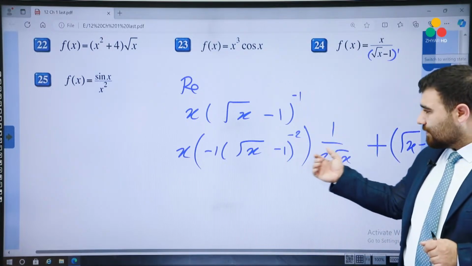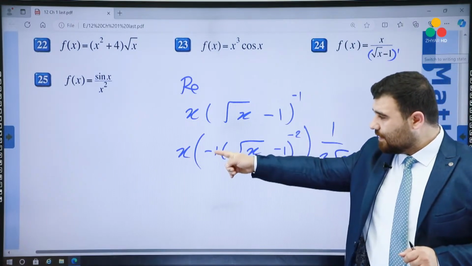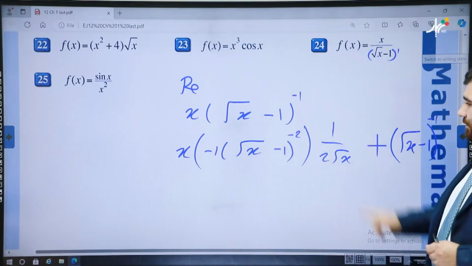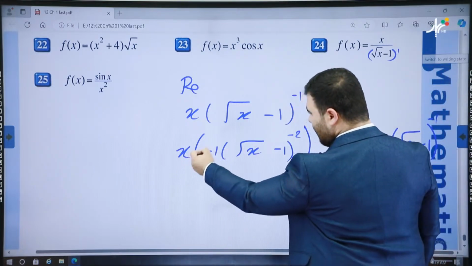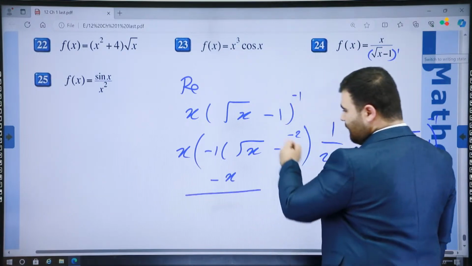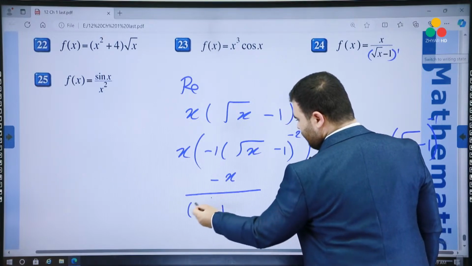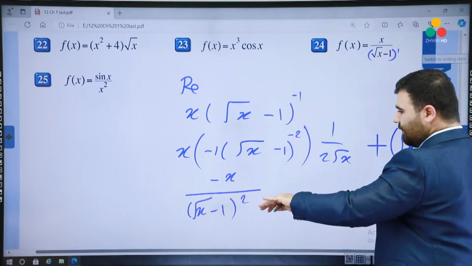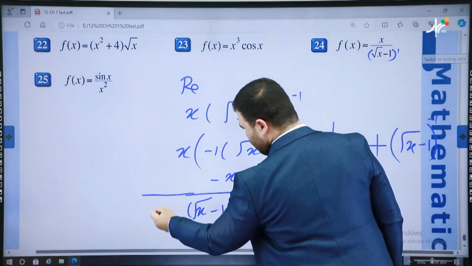This one is already a fraction. This one has a negative power, it should go down as well. And the x has a positive power. It has no power, means positive. It will go up, the x comes here. So it is x times negative 1, is negative x over this thing, power 2. It went down. This 2 square root x is also down.